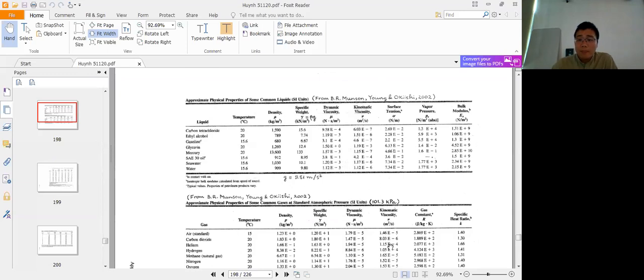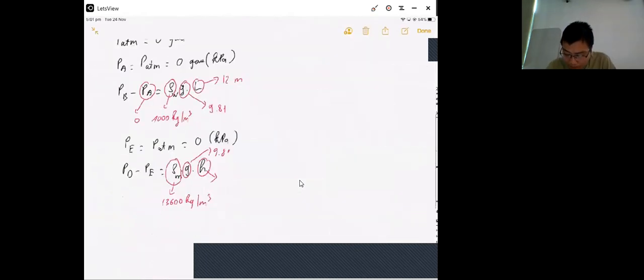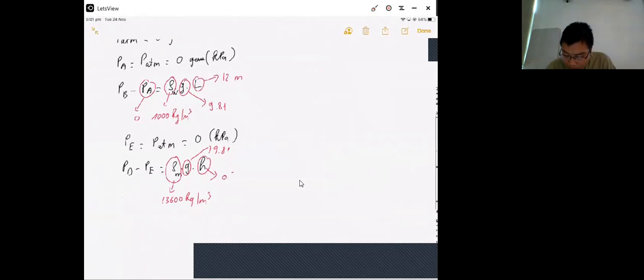This is 13,600 kilogram per meter cubed, g is 9.81, and H here is 0.7. PE is 0, so you can find PD.